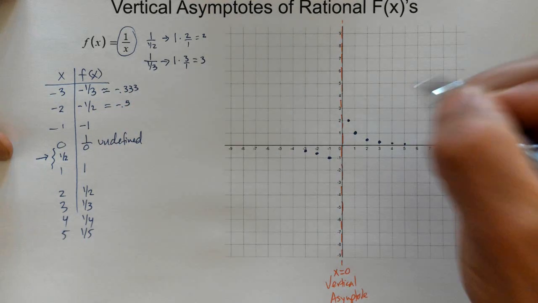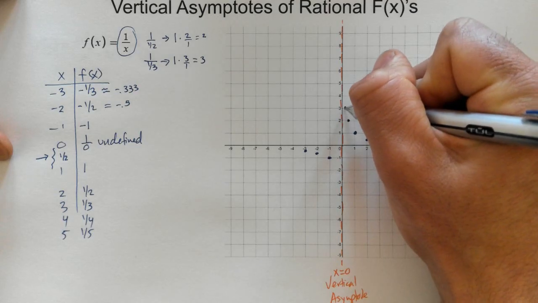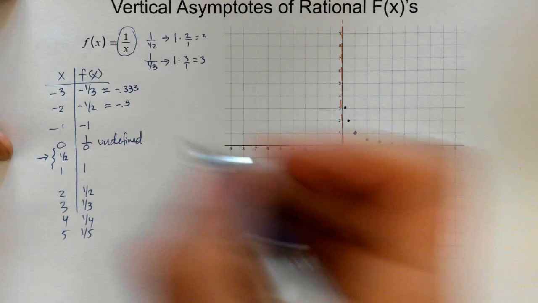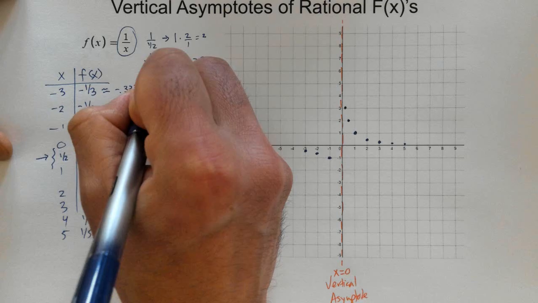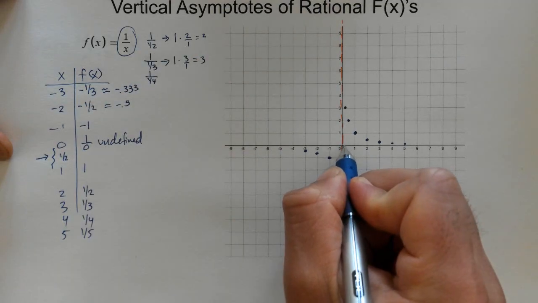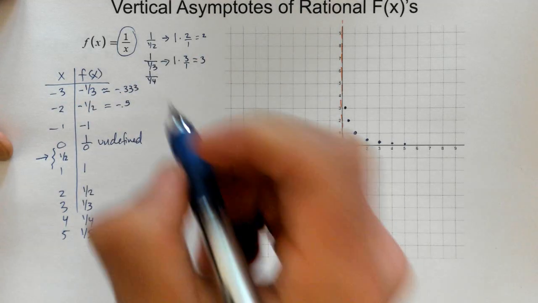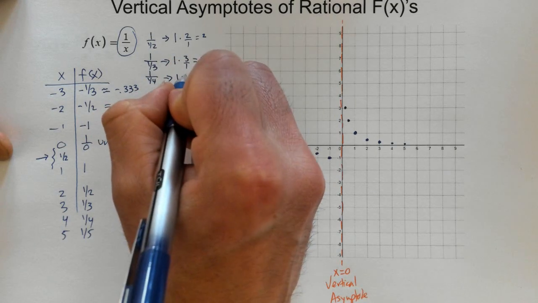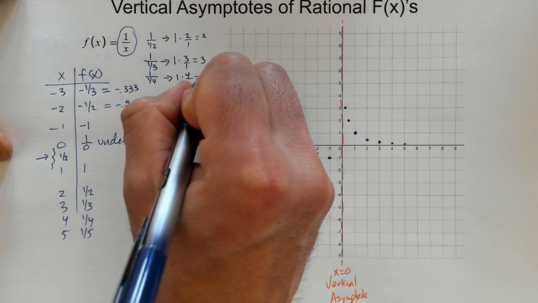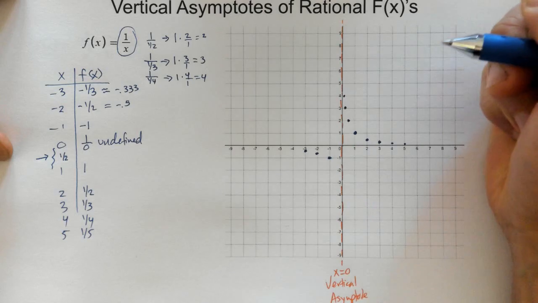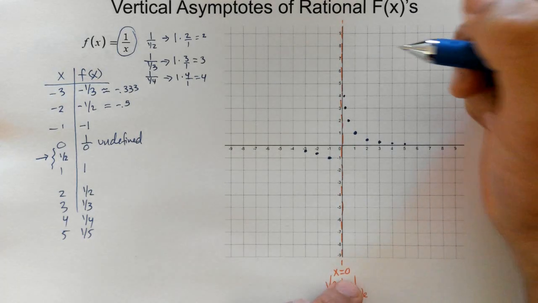That turns into 3. So notice that as I put numbers in closer and closer to 0, these fractions turn into higher and higher values. And that's what ends up happening here.